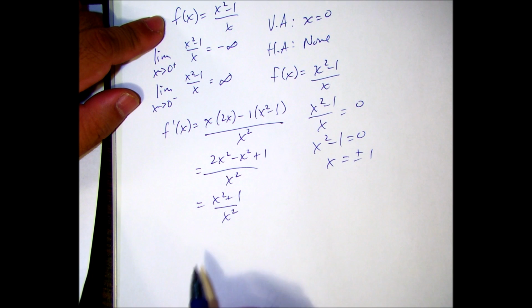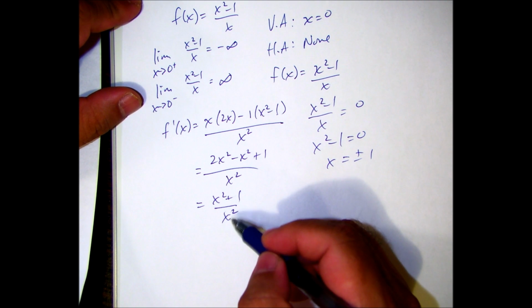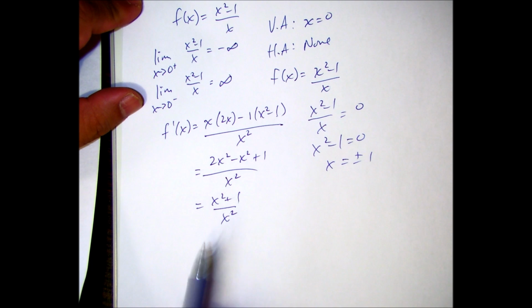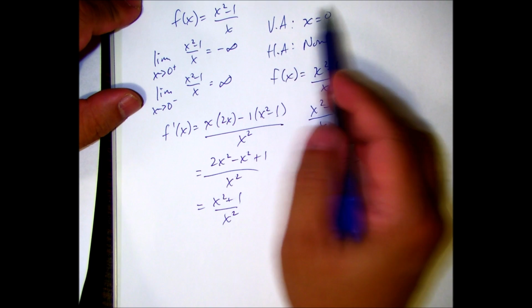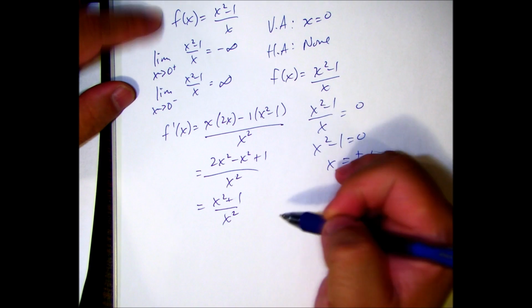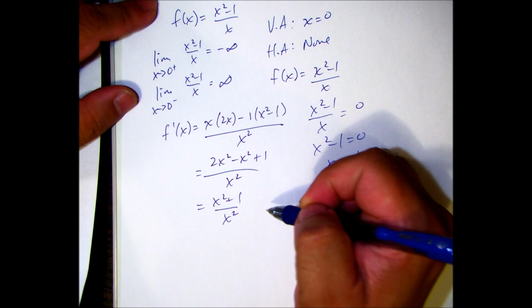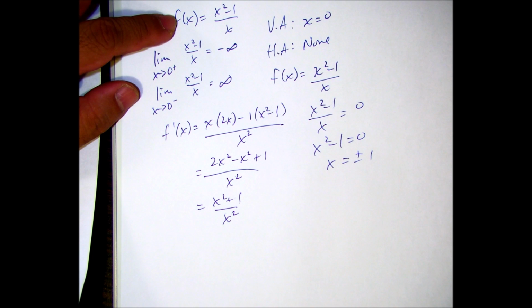Critical values come from the derivative being undefined, or where the derivative equals 0. The undefined value would be x equals 0, but x equals 0 is not in the domain of the original function, so it's not a critical value.